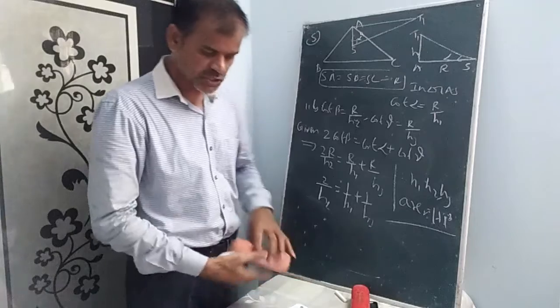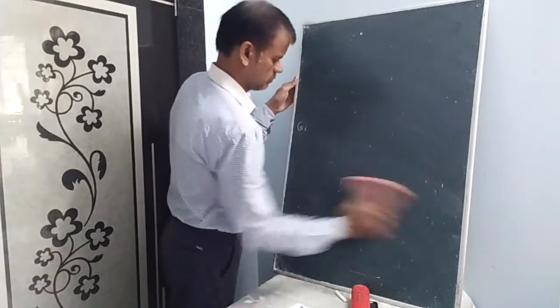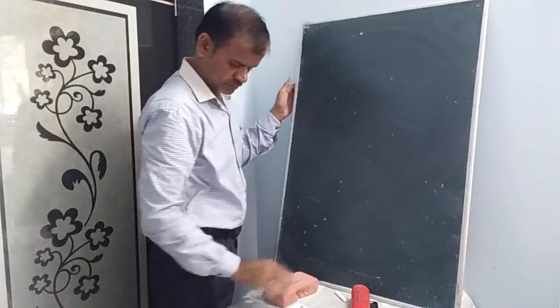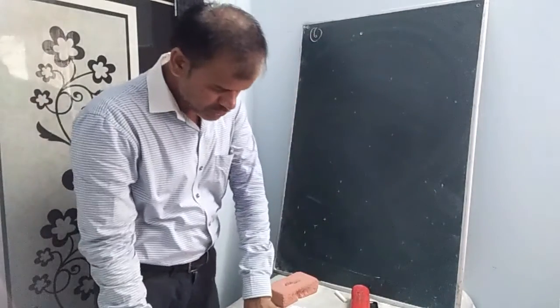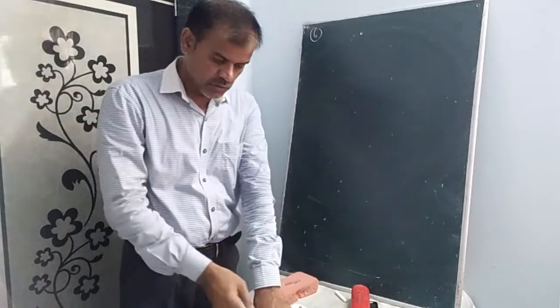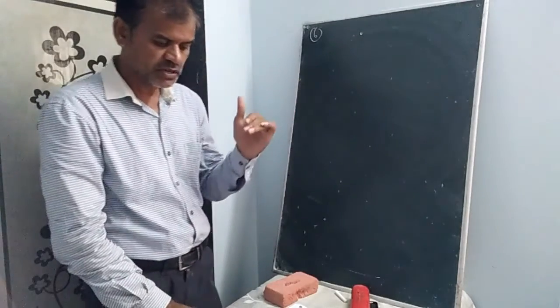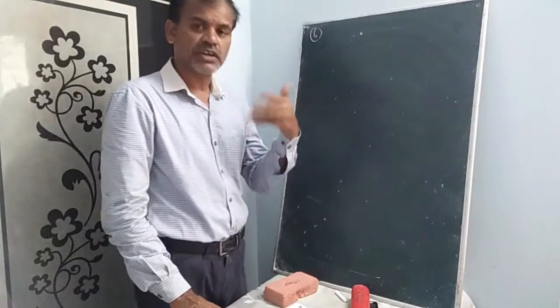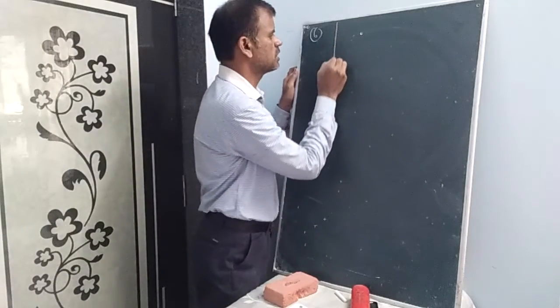Let us see the sixth question. A tower stands at the top of a hill whose height is 3 times the height of the tower. So if the height of the tower is h, the height of the hill is 3h.